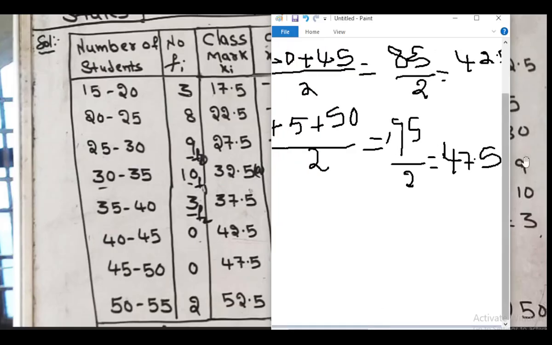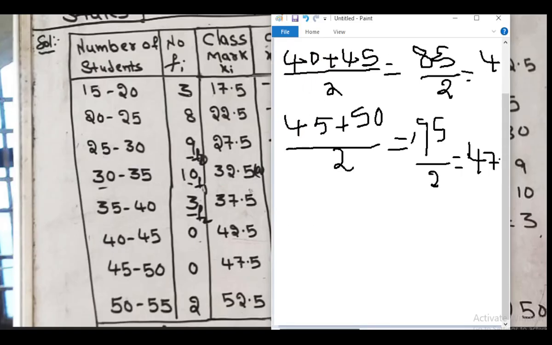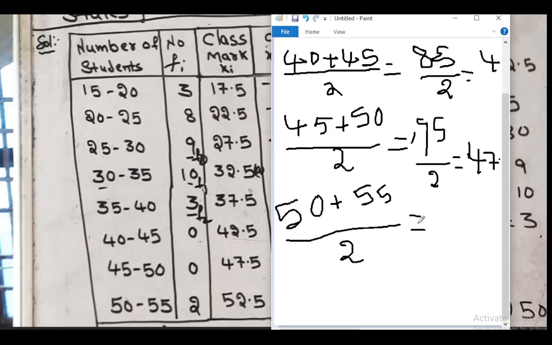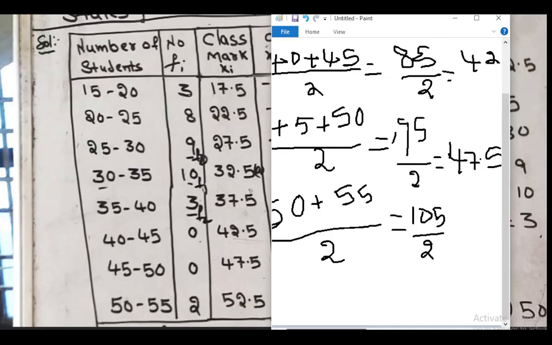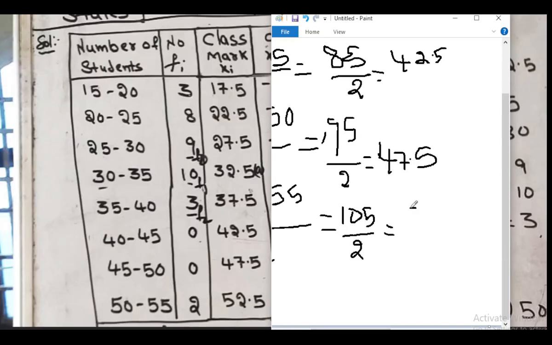So 47.5 is the midpoint of 45 and 50. Then the next class midpoint, 50 plus 55 by 2, which is equal to 105 by 2, that is equal to 52.5.